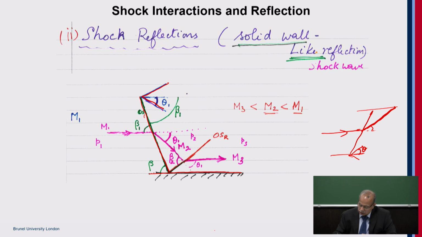Before the flow hits the wall, the oblique shock that has hit the solid wall will have a like reflection. Like means an oblique shock hitting, there are two things. One is an expansion wave, which will be coming later on, Prandtl-Meyer expansion waves. So when we have an oblique shock hitting the solid wall, it also results in another oblique shock. That's what we call the like reflection, but then it looks of the opposite kind.